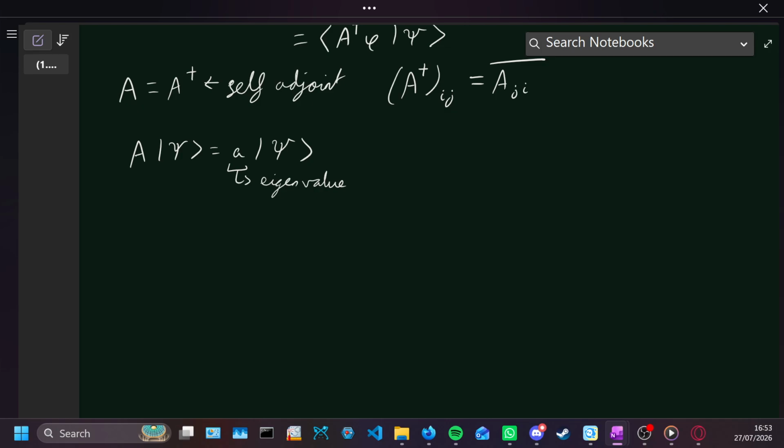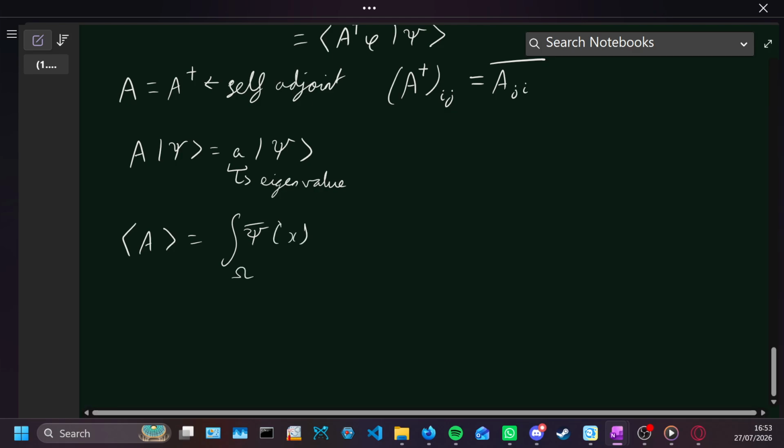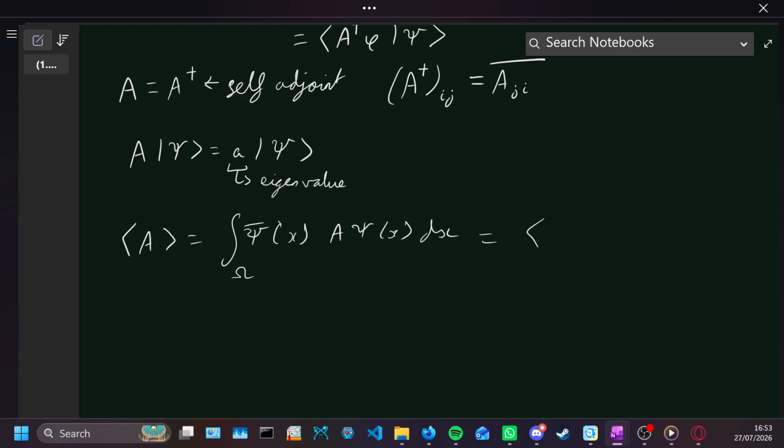If that's not the case, I'm instead going to look at the expected value. And I'm going to say that the expected value of A, which I'm going to write like this, is going to be equal to the integral of psi bar of x multiplied by A psi of x dx, which, if you recall, was the inner product of psi and A psi.